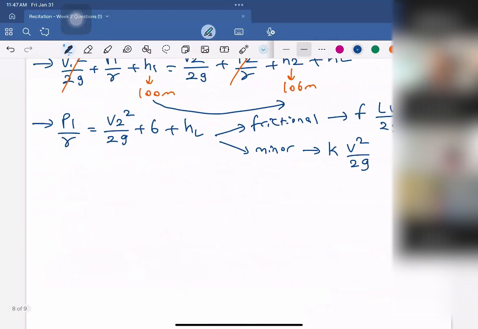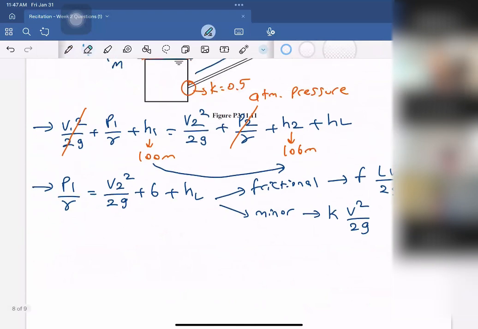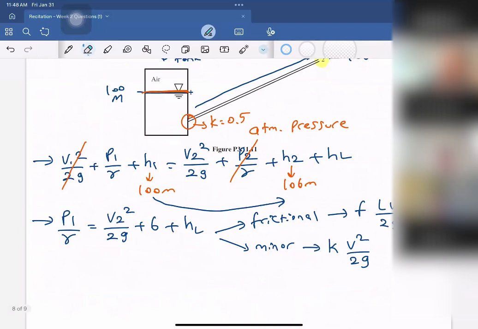And it is usually 0.5, so you can directly use it. And again, let's check what we have here. Do we know the velocity? Of course, because we know the flow rate, we know the diameter, we know the length, and we need to find the friction factor again.